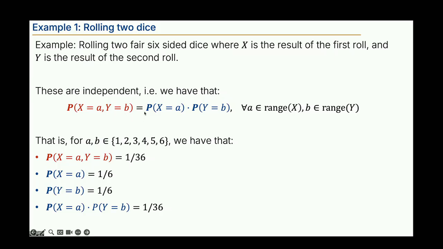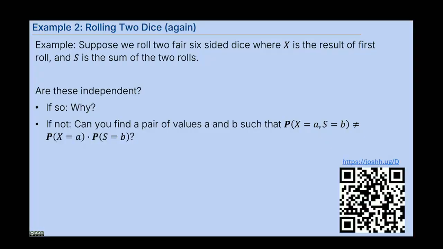These are independent because for all a in the range of the random variable X and all b in the range of the random variable Y, the probability that we get any particular combination is just the product of the probabilities of the individual outcomes. For example, the probability of getting 3 on the first die and 5 on the second die is 1/36. The probability of getting just 3 is 1/6. The probability of getting just 5 is 1/6. Their product is 1/36. This is almost degenerate, maybe so trivial it's not so enlightening.